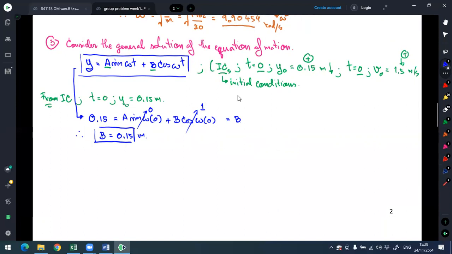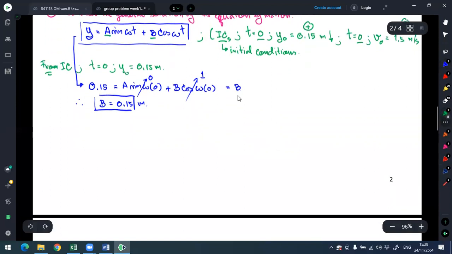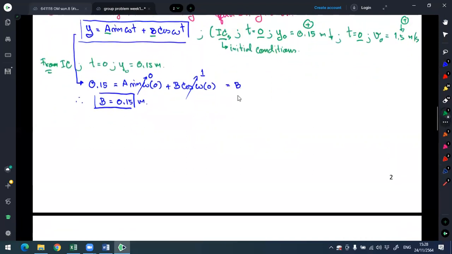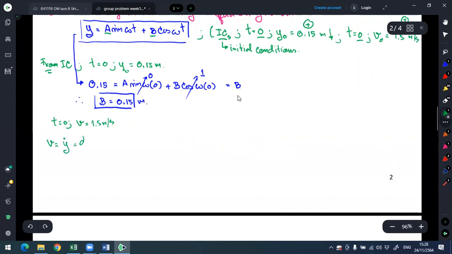Then we consider the second condition. The second condition is when time equals 0, v equals 1.5 meter per second. v is the first derivative, y dot, that is dy by dt.